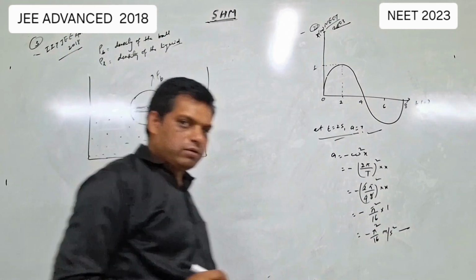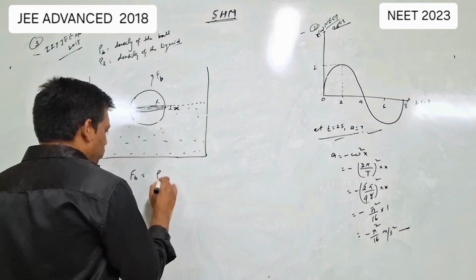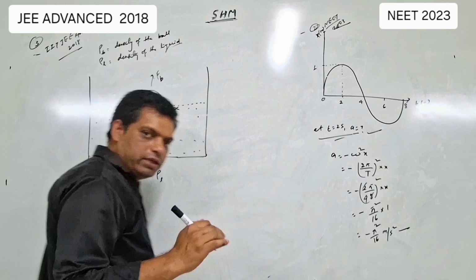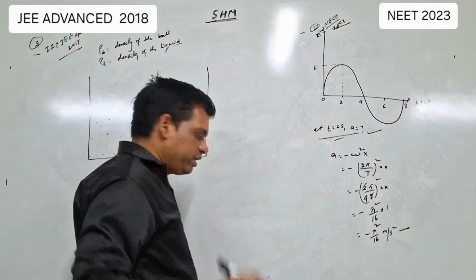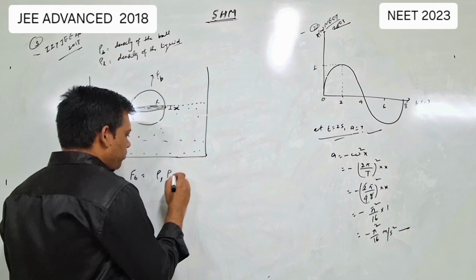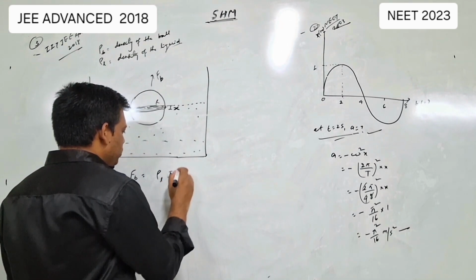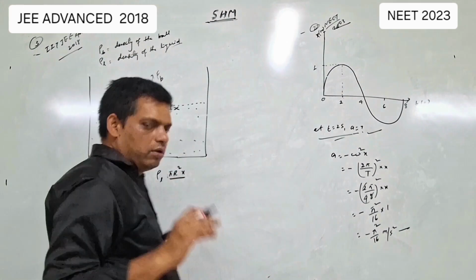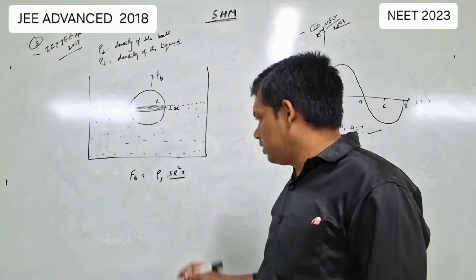The formula for the buoyant force is rho of the liquid, times the volume of the body which is inside the liquid, that is V. So rho L and pi r square x. This is the volume of the ball which is inside the liquid, into g.